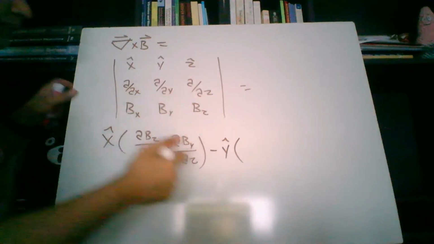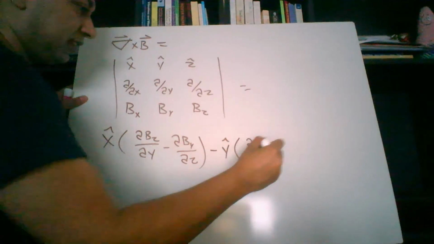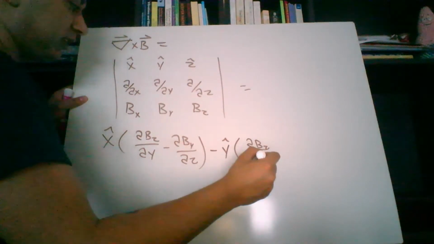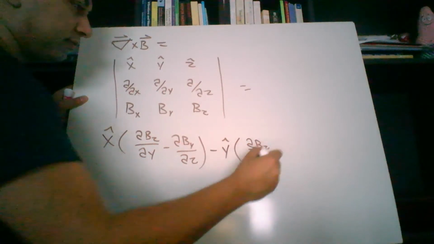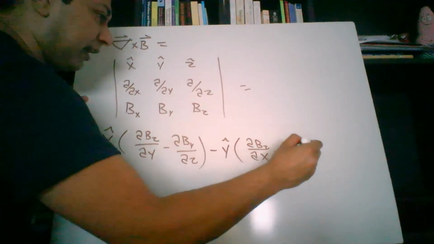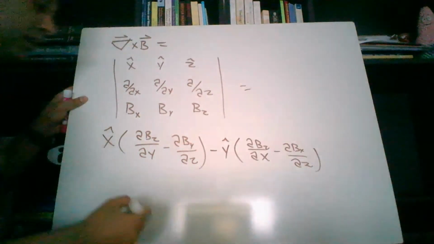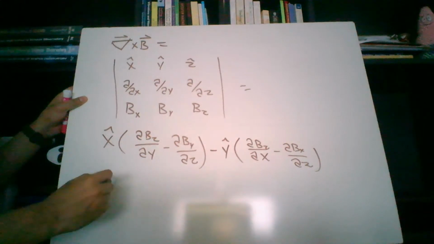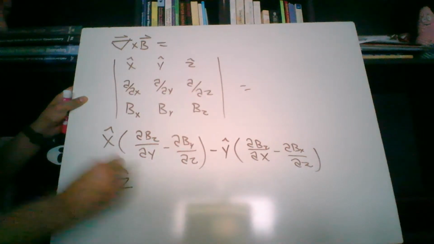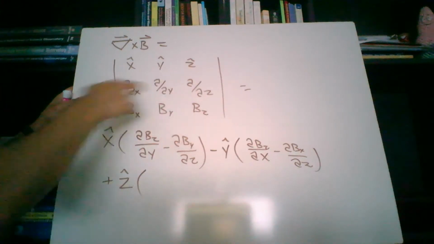So it'll be d bz over dx minus d bx over dz. And then finally, we add to it the z component.